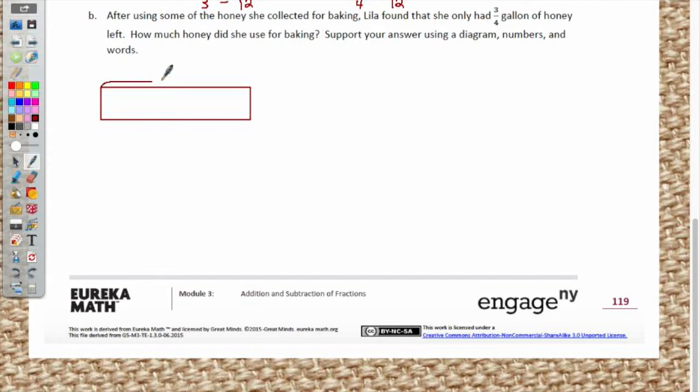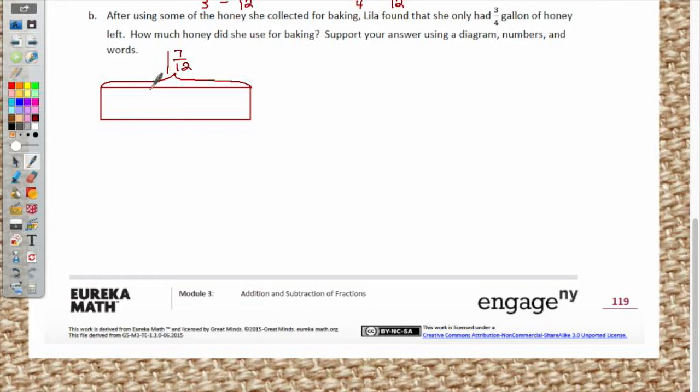Now, how much honey did she collect? That's what we need to know. 1 7/12. So that's the total amount to work with, okay? She's going to do a lot of baking. And so this whole thing, what do you think it's going to be about? Baking, okay?